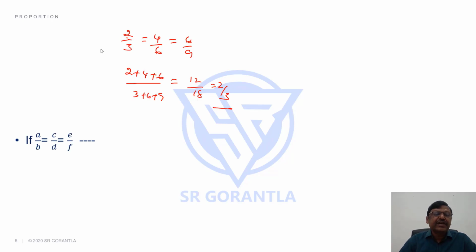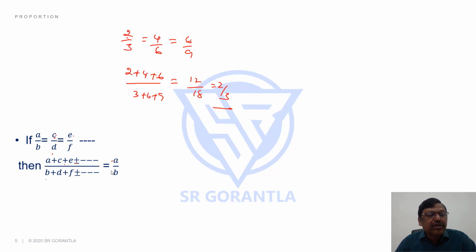So that's why we say if A by B equals C by D equals E by F and so on, A plus C plus E, the sum of the numerators, by the sum of the denominators will be equal to the original fraction itself, A by B. And this applies for subtraction also. Suppose I write 2 minus 4 minus 6 by 3 minus 6 minus 9, how much will it be?